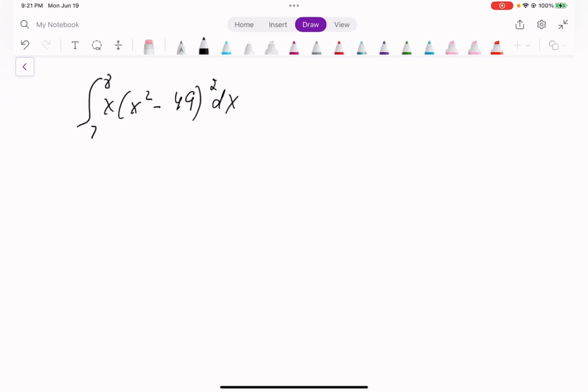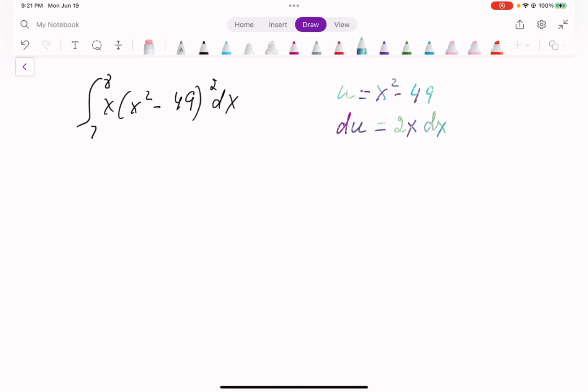Let's start solving. I'm going to substitute x squared minus 49 with u. From here my du, the derivative, is going to be 2x, the derivative of negative 49 is going to be 0, so du is 2x dx, right?